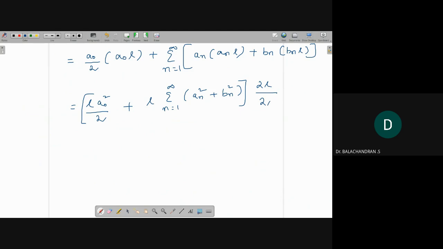I keep this 2l here. If we multiply by 1 by 2l, L gets cancelled: a naught square by 4 plus, L gets cancelled, 1 by 2 into summation n equal to 1 to infinity an square plus bn square. So this is the proof.